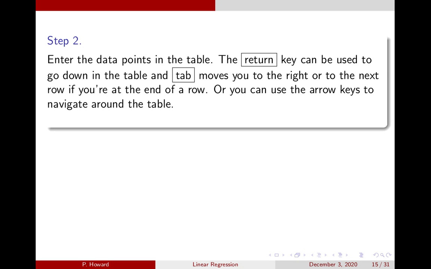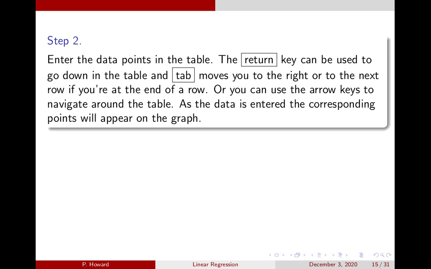You can also navigate around the table using the arrow keys if you prefer. And as you're entering the data in the table, you'll notice that the corresponding points will appear on the graph that occupies the right 2/3 of the screen.